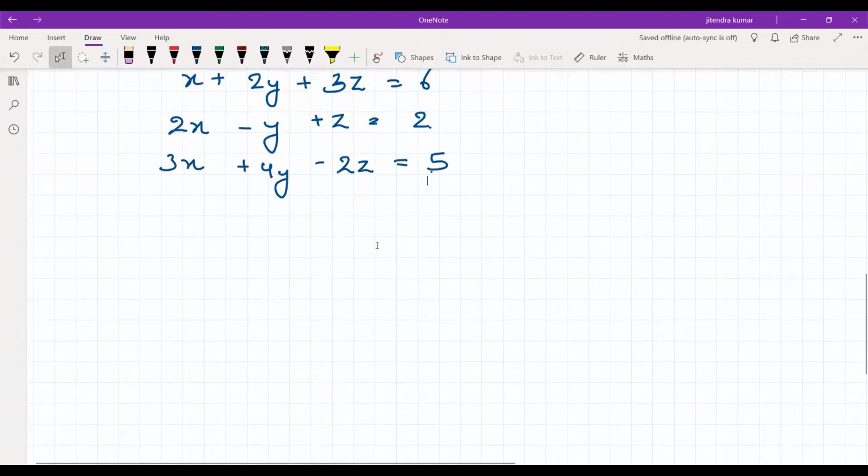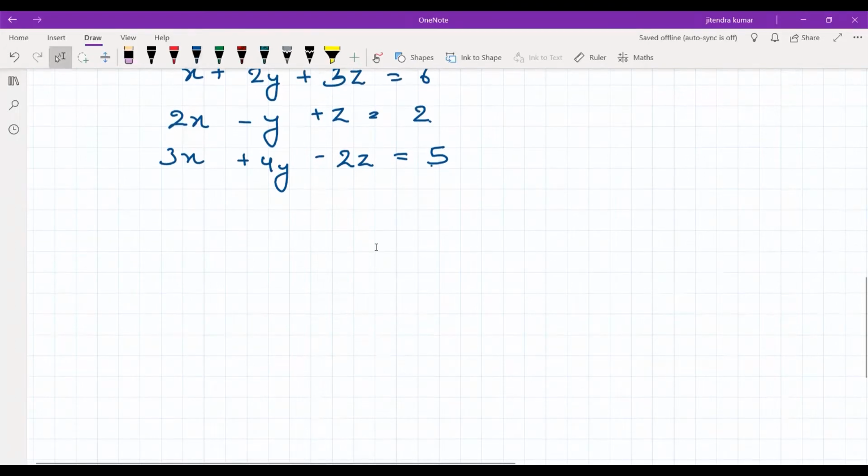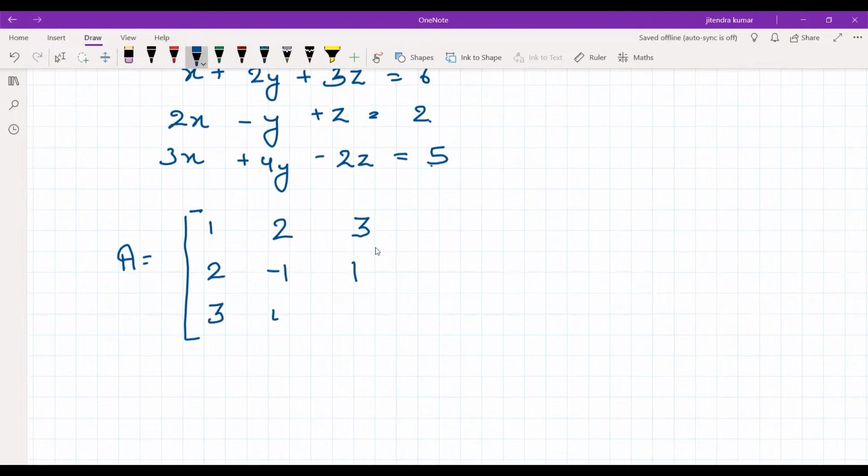So as we have discussed already, we are going to consider three matrices here. The first matrix, our A, will be equal to [1, 2, 3; 2, -1, 1; 3, 4, -2].